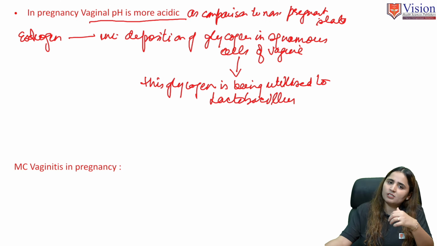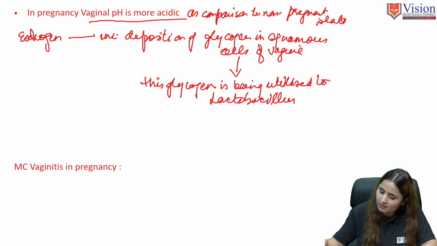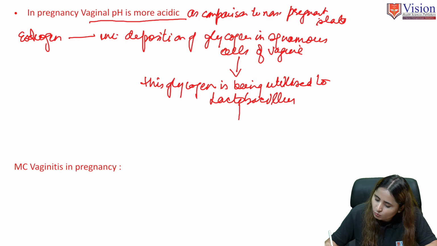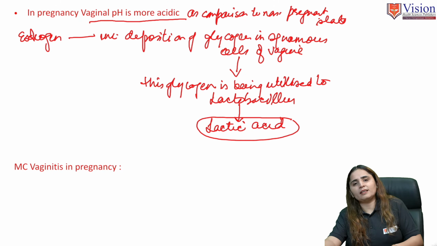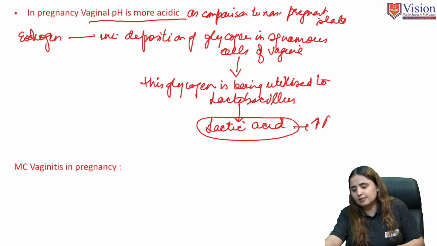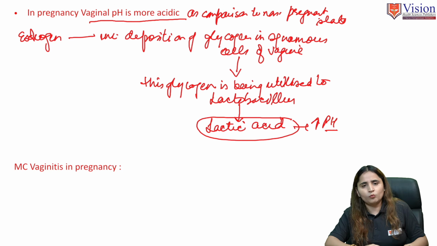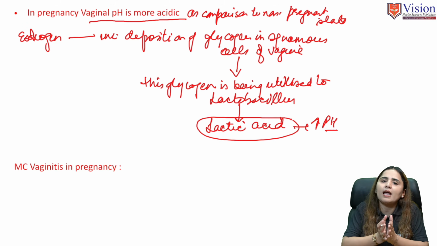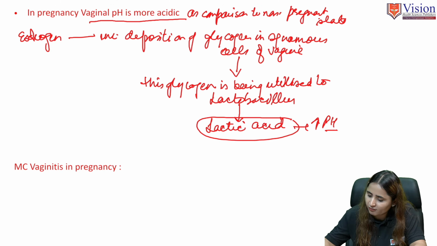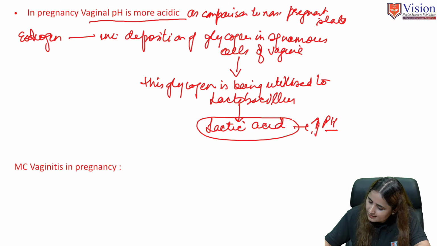This glycogen is used by the lactobacillus, which leads to more production of lactic acid. And we all know that more production of lactic acid leads to a more acidic pH of the vagina.